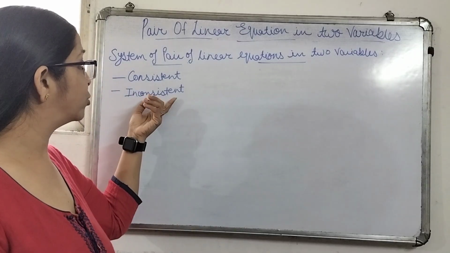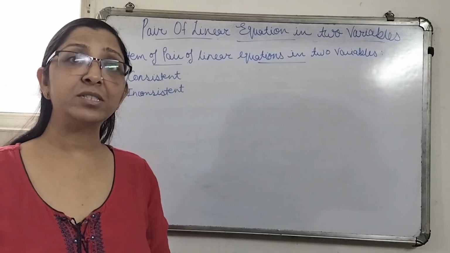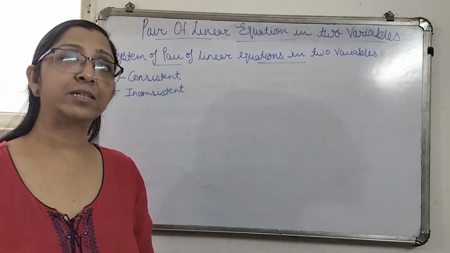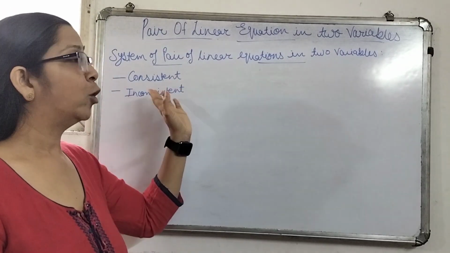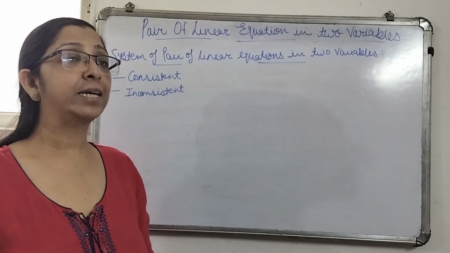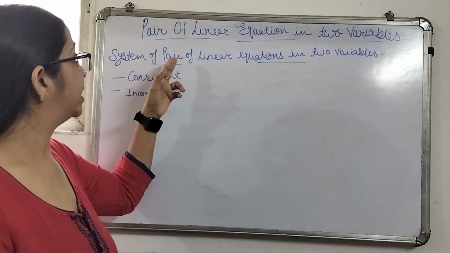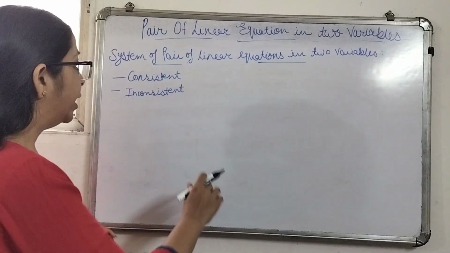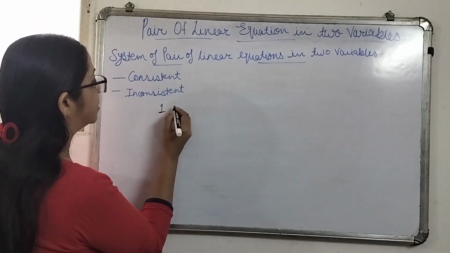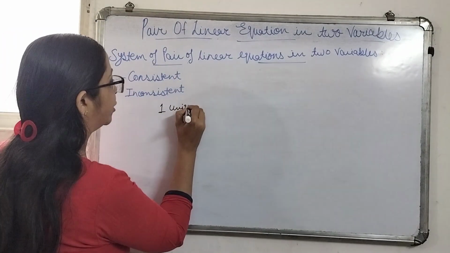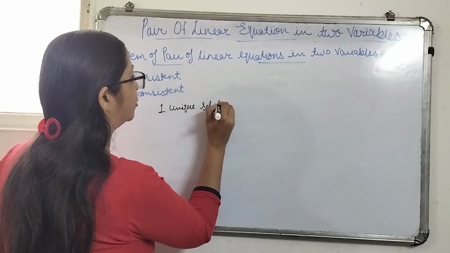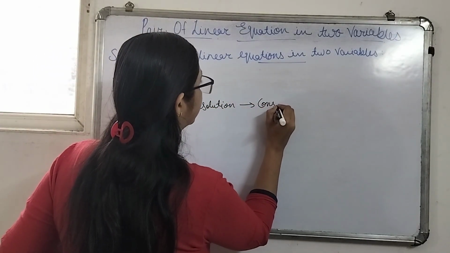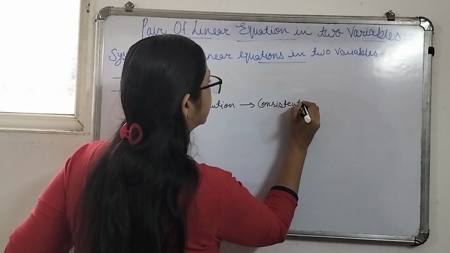That means if there is no solution for the pair of linear equations, it is known as inconsistent, and if there is either one solution or infinitely many solutions, then such a pair of linear equations has a consistent system. If there is only one unique solution, then such a pair of linear equations has a consistent system.